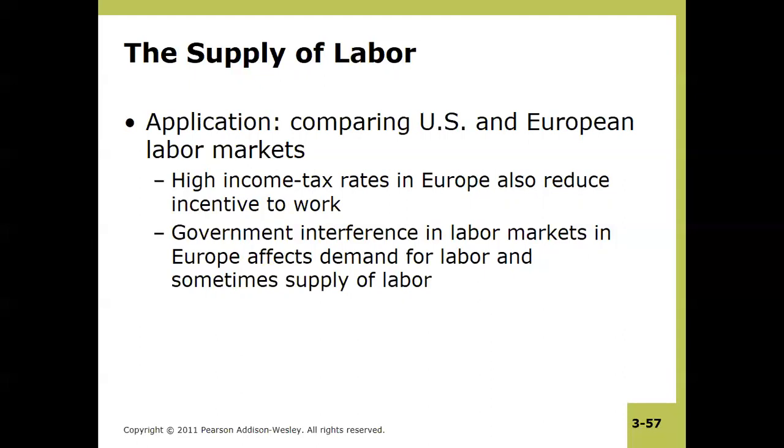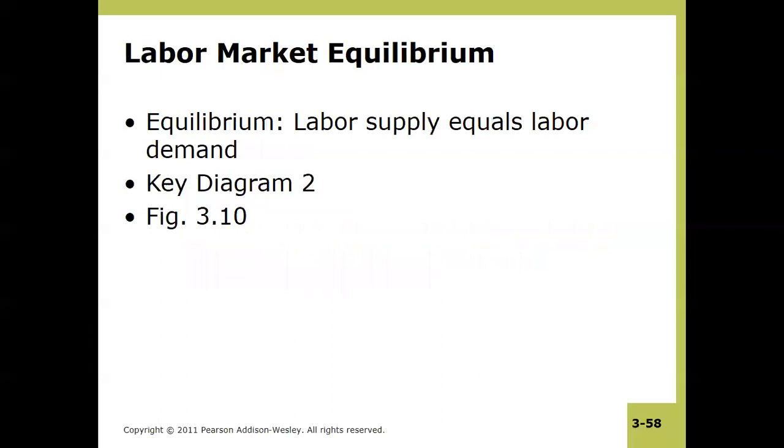The government interference in the labor market in Europe affects the demand for labor and sometimes the supply of labor. So mainly what we discussed is that the generous insurance policies, high income tax, and government interference are the main reasons why the European labor market has a higher unemployment rate as compared to the US one.